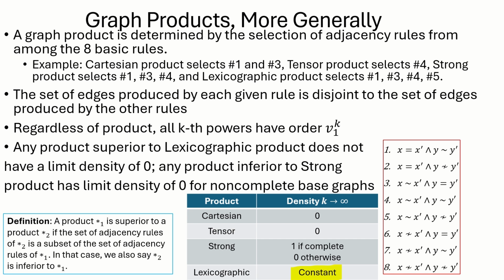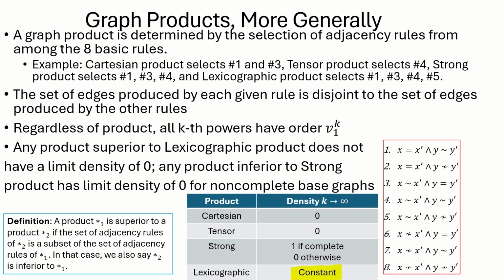This is reflective of a general fact about superior products, which is that a superior product power will have at least as many edges as an inferior product power, and therefore will have a density at least as high as that of the inferior product power, provided both product powers use the same grouping of operations, in the case that the products are not associative.